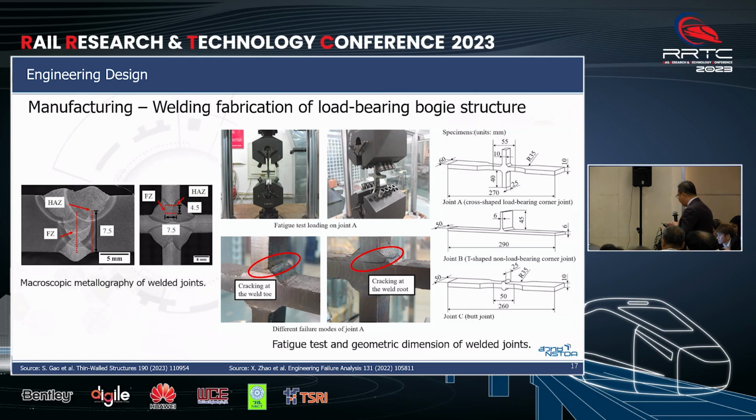On the right-hand side, this indicates the most common welded joint patterns that can be found in the bogie structure, which are the cruciform-shaped load-bearing joint, the T-shaped non-load-bearing joint, and the butt joint.